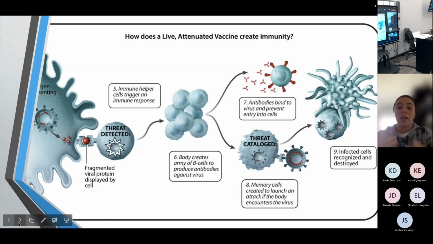And then at this point, just like a lot of groups have already discussed, the threat is going to be cataloged or essentially memorized. So these memory cells are equipped in the real case of the virus attacking. So here, as it shows, immunity is created because these infected cells are now recognized and able to be destroyed.